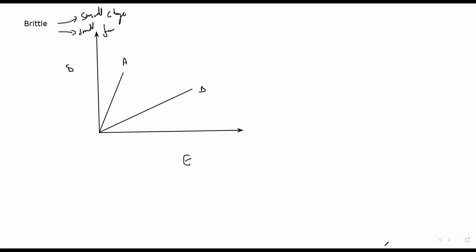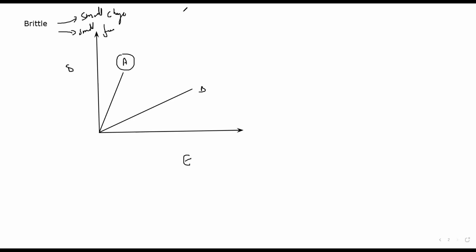So which object is brittle? A is brittle. An example of a brittle material is glass. A biscuit is also brittle: you apply a small force and you can break it without deforming it too much.